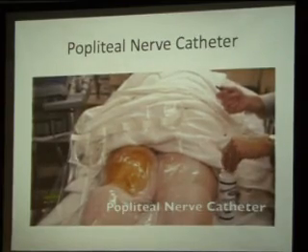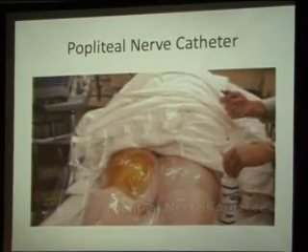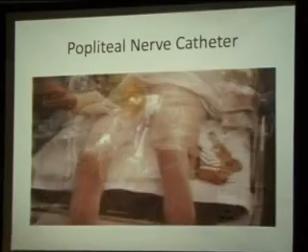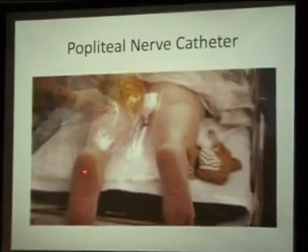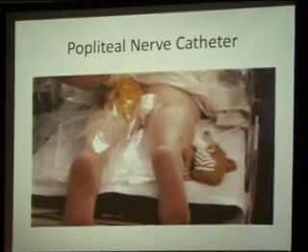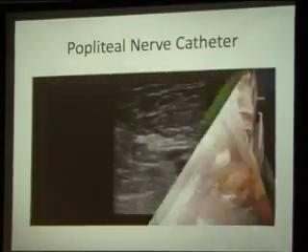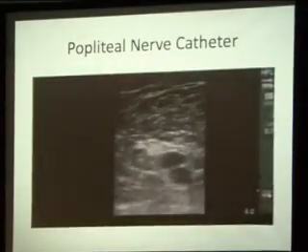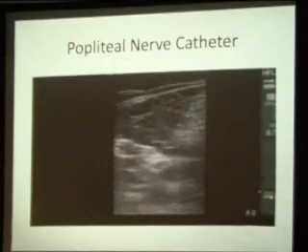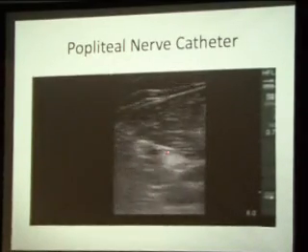So here's a patient where we're putting in a popliteal nerve catheter. She's going to have some kind of a complex foot and ankle procedure. So instead of doing it in plane, in a cross-sectional view, we'll turn our probe so that you can actually see the long axis of the nerve.